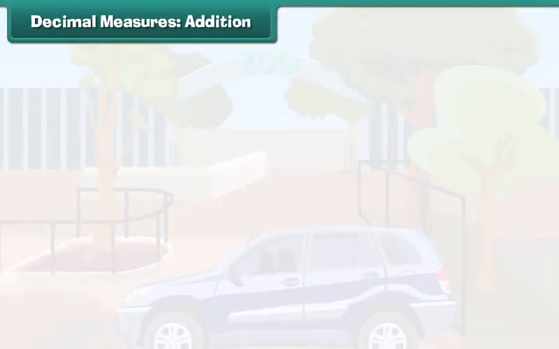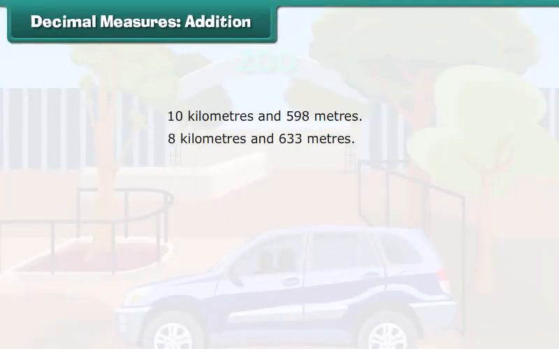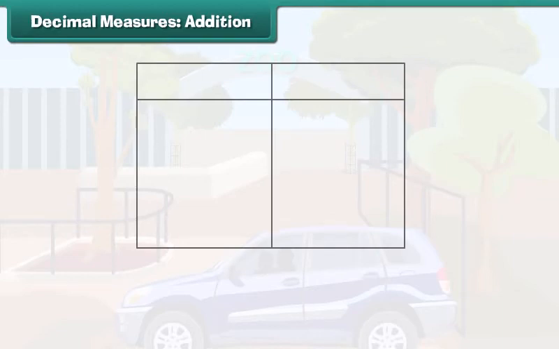The total distance covered by Ryan and his uncle can be calculated by adding both the distances. First, make two columns. In first column, write kilometers, that is km, and in second column, write m, that is meter. Write 10 under kilometers and 598 under meters. Below 10, write 8, and below 598, write 633.